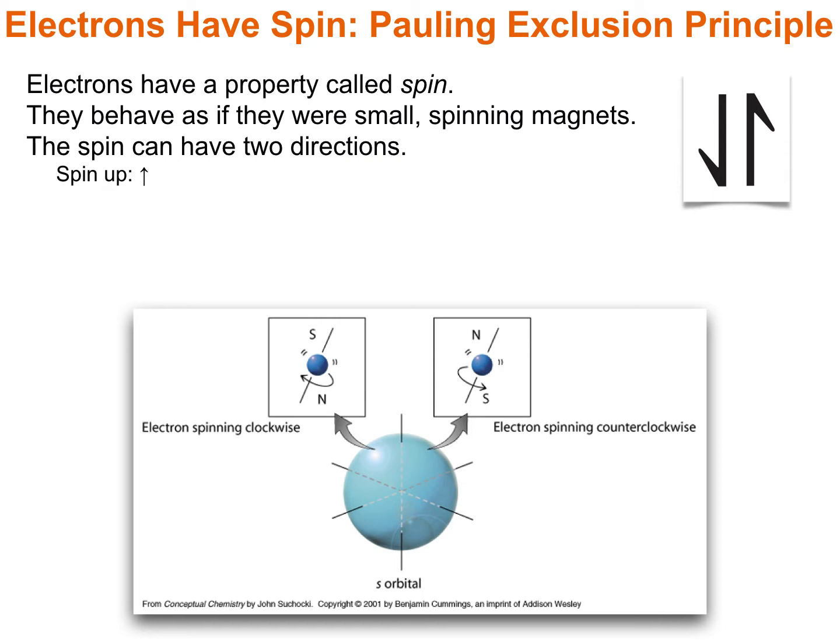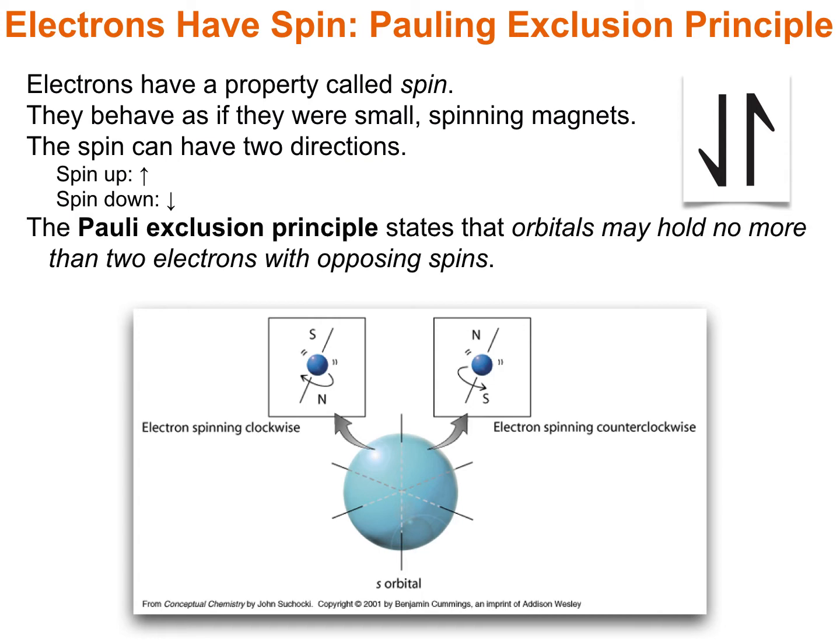On the left of the screen, this is a full arrow pointing up, but on the right of the screen, sometimes electrons are represented as half arrows. Both of them are correct. When an arrow or a half arrow is pointing up in an orbital diagram, that indicates that electron is spin up. Likewise, an arrow pointing down means that electron is spin down. So you have two spins, spin up and spin down.